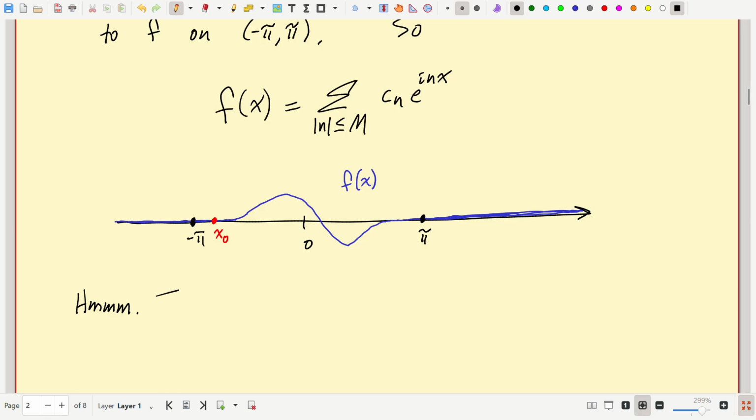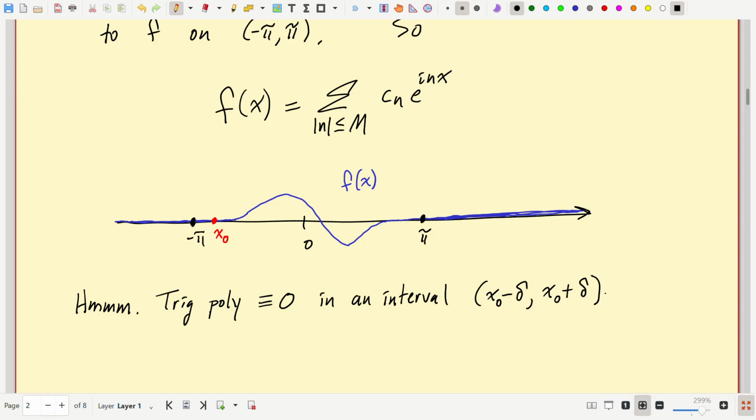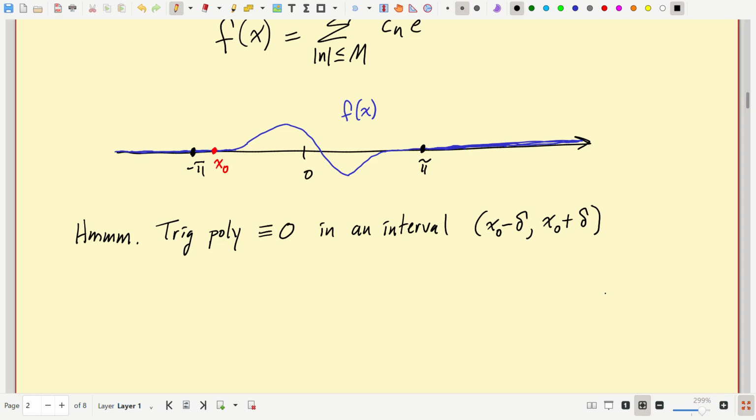I have a trig polynomial identically 0 in an interval, x naught minus something small to x naught plus something small. There'd be one on the other side near pi also, where I could do that. Well, that would imply that the trig polynomial is identically 0.